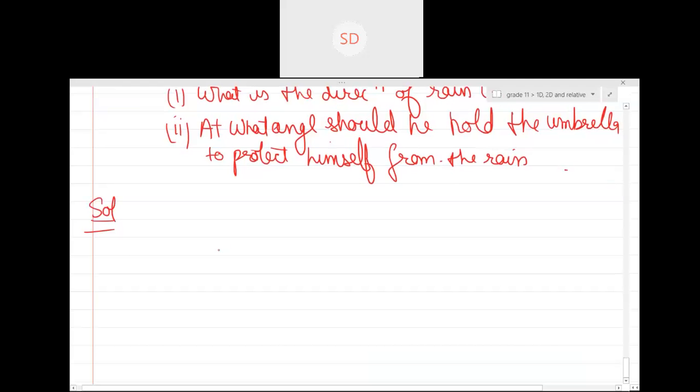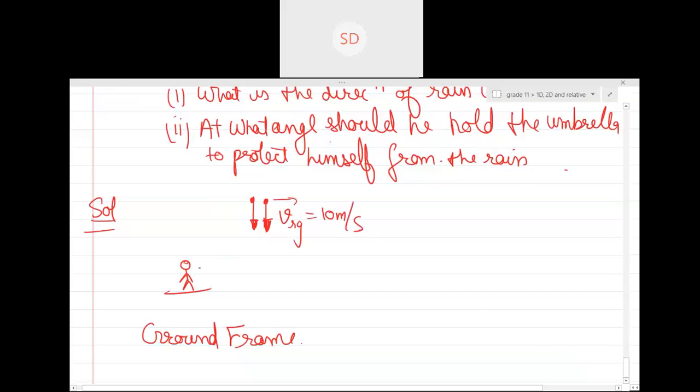So basically, the question is something like this: when the man is like this, then what is happening in this case? If I say ground frame, suppose you are standing and observing both the guys. According to you, rain will be falling vertically downwards at a speed of 10 meters per second, and this guy will be moving at a speed of 5 meters per second towards, let's say, right.